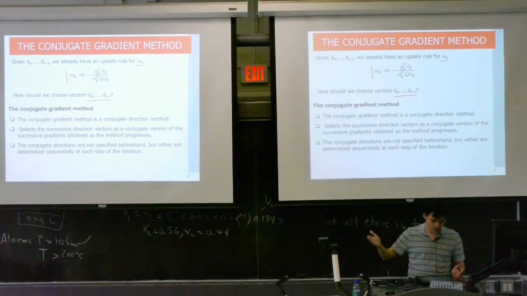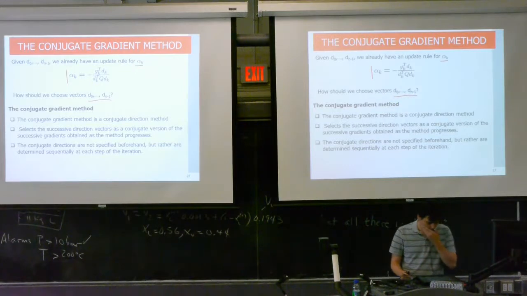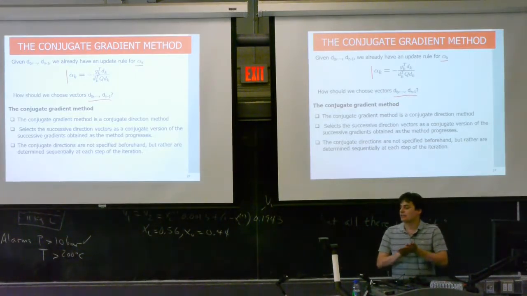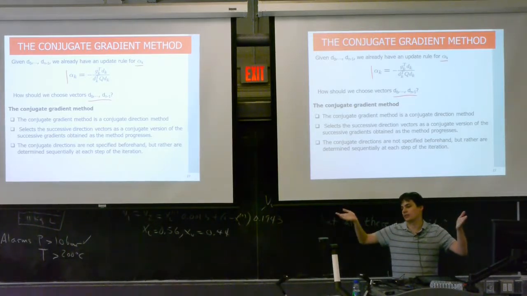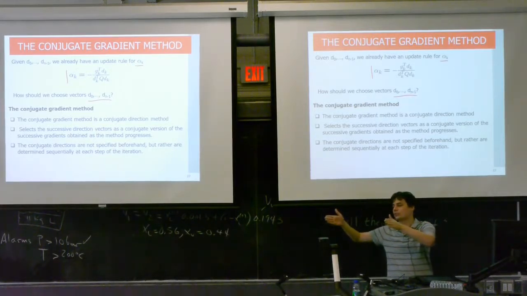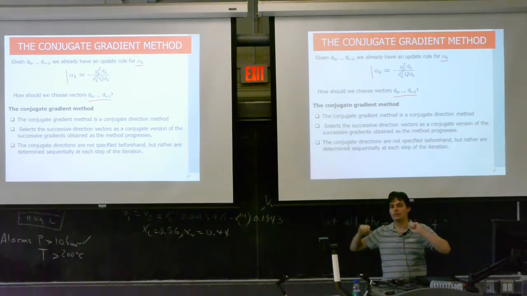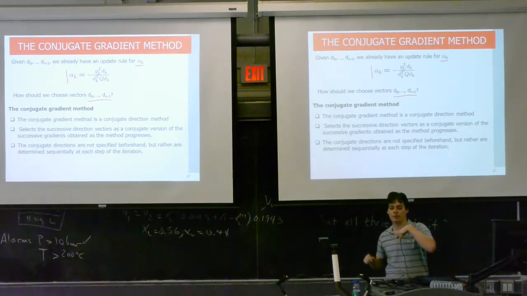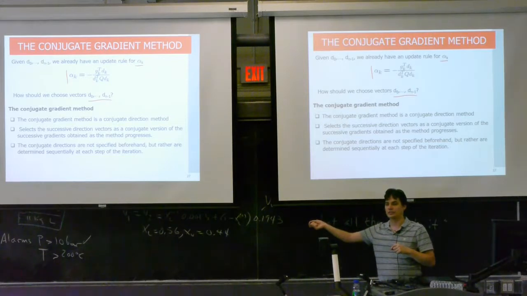So we will use the conjugate gradient method that actually uses the gradient to construct these conjugate directions. And an important property is that previously we just assumed that you already have these d naught, d1, to dn minus 1 conjugate directions. Here we won't assume that anymore. As we progress during the minimization, we will construct the next direction. Okay?